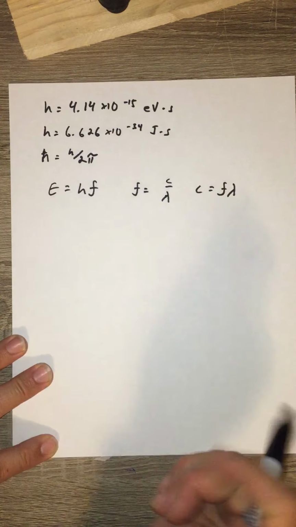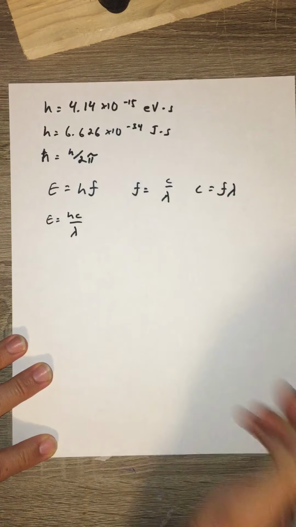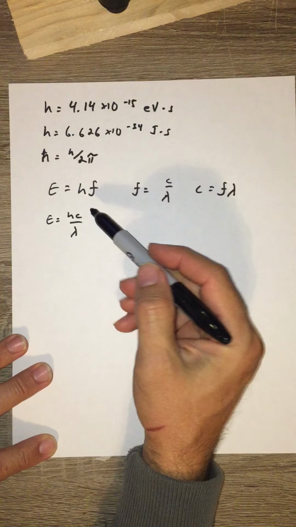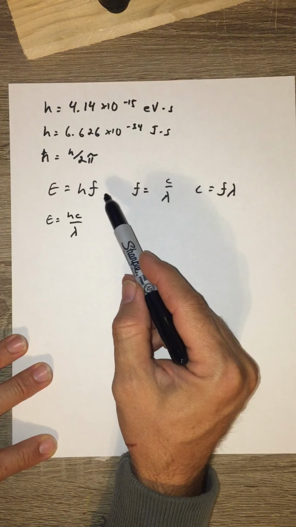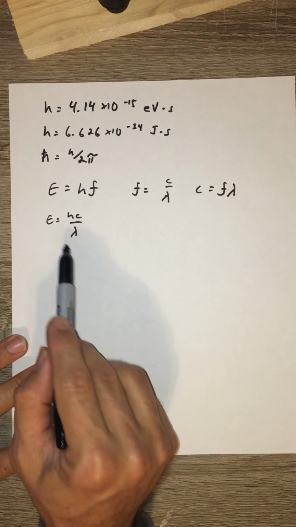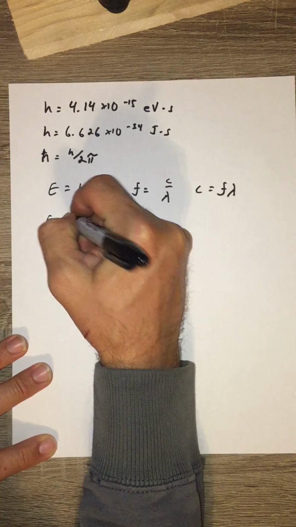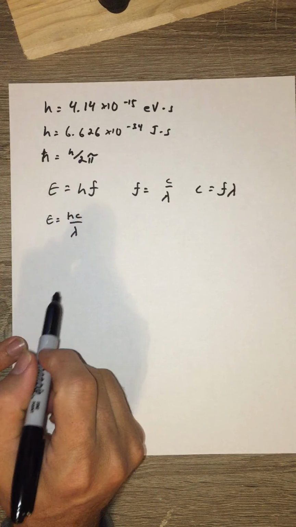So I can also write this energy, of course, as hc over lambda. There's nothing different about these equations except for how they're expressed. The relationship between frequency and lambda through the speed of light is well defined, and so I'm not creating anything new. I'm just writing something in a little bit more useful form.